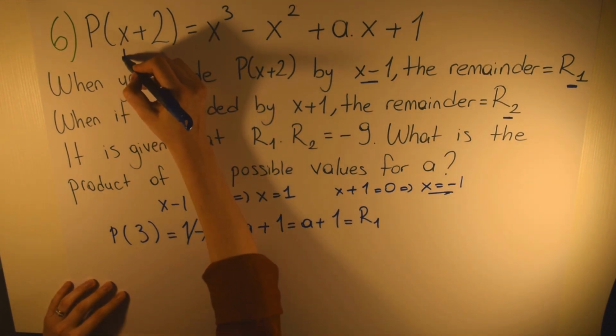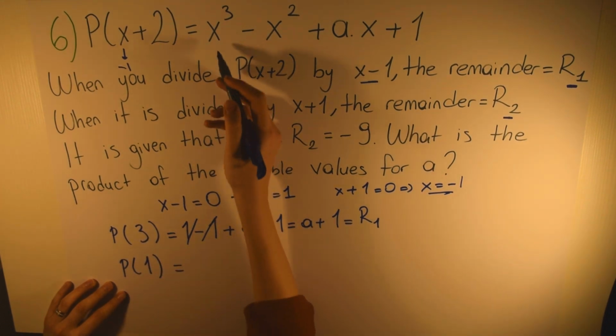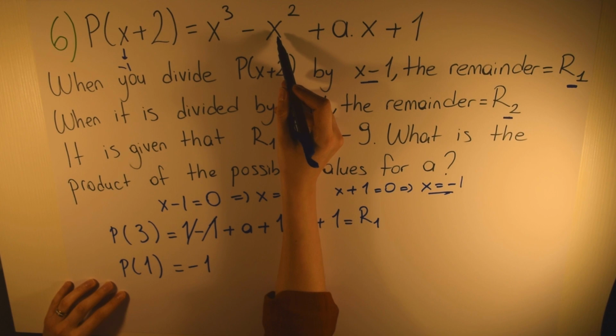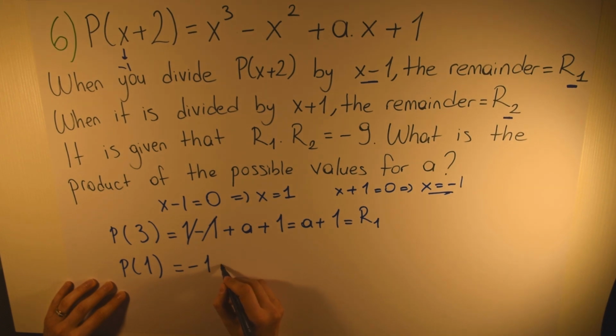When I put minus 1 here, it's equal to minus 1 to the power of 3. It is minus 1. Minus, this will be plus 1, right? But which will make it minus 1 because it has a minus sign here. So it will be minus 1.